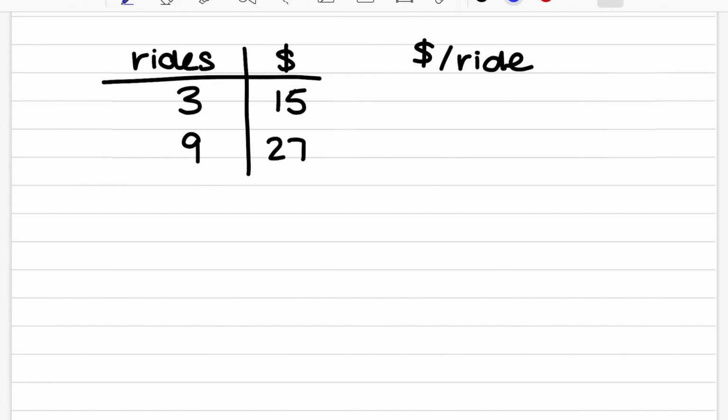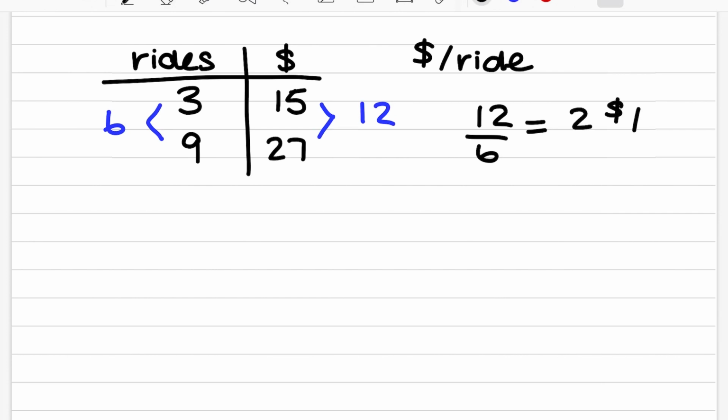Okay, so the difference between 15 and 27 is 12, and the difference between 3 and 9 is 6. So then we can use these $12 and the 6 rides to get that it's $2 per ride.